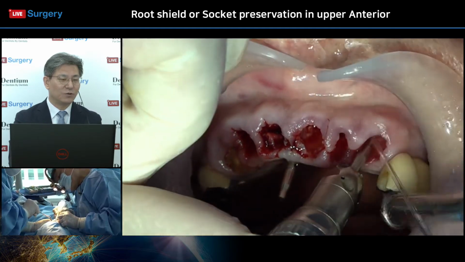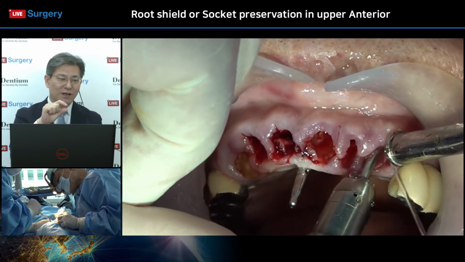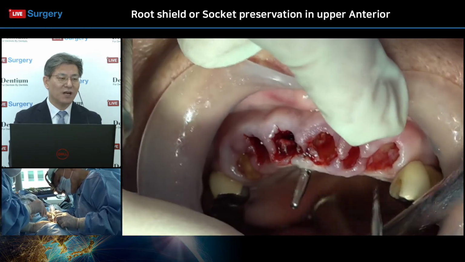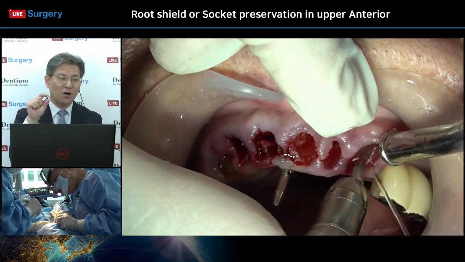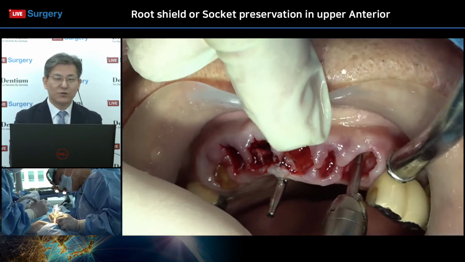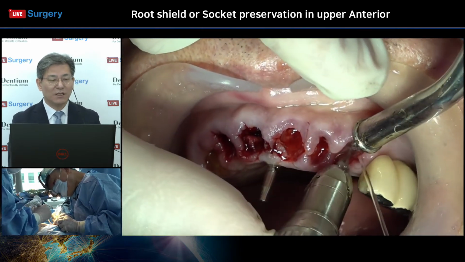So finally, we have to maintain or leave a very thin layer. How can we decide how much thickness of the tooth's root lamina should remain? How can we decide it?